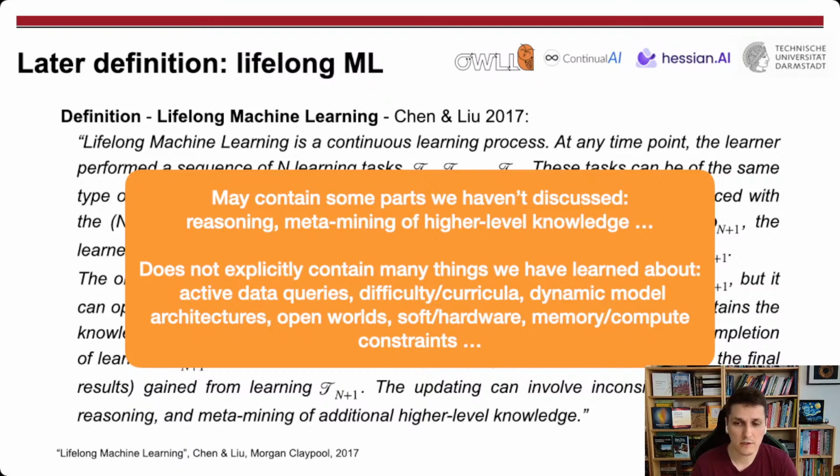But at the same time, it does not mention at all things that we have learned about, such as active data queries, difficulty, and the concept of curricula. It does not say anything about model architectures or inductive biases, dynamic models, etc. It doesn't even account for the fact that testing could be in an open world scenario, not to say, of course, various software, hardware, memory, and compute constraints, and so on.